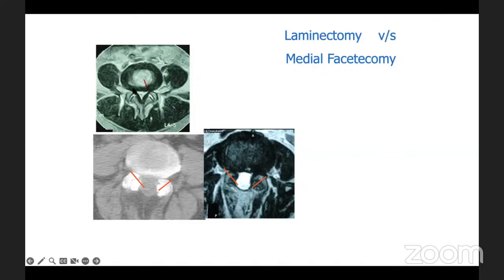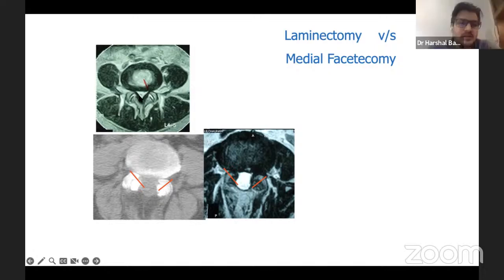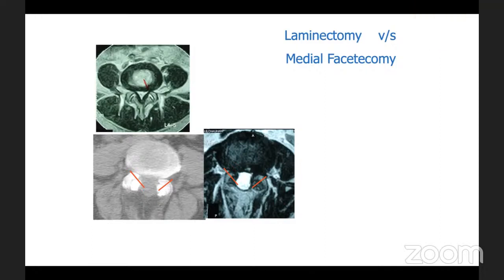The canal doesn't look wide enough or ovoid enough, so there's some amount of moderate to severe stenosis here. The lateral recesses are not well seen, though this is a representative cut. The roots in the lateral recesses, or the subarticular and foraminal component, are not that well seen, and that is what we meant by this.